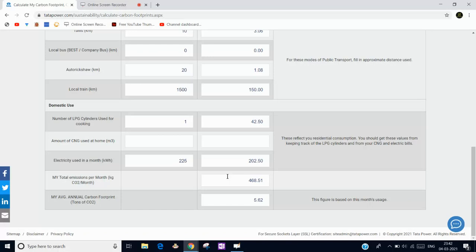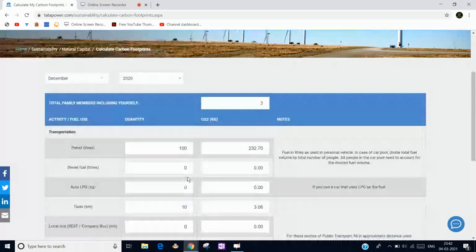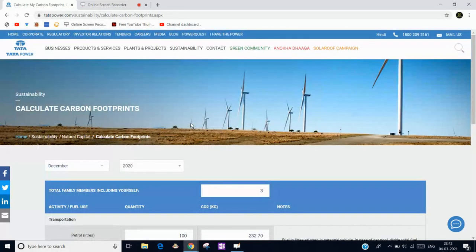So this is how you can check your annual carbon footprint also, how much carbon footprint you are making. Hope you are clear about this.